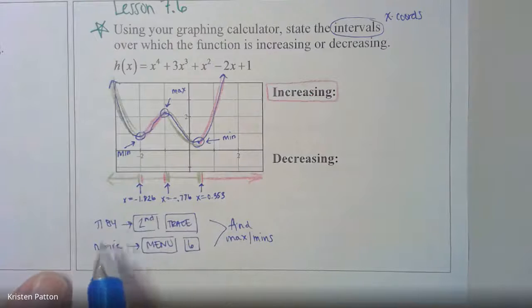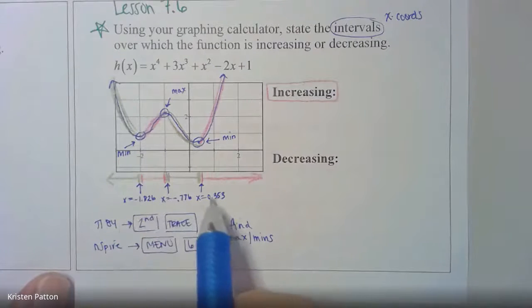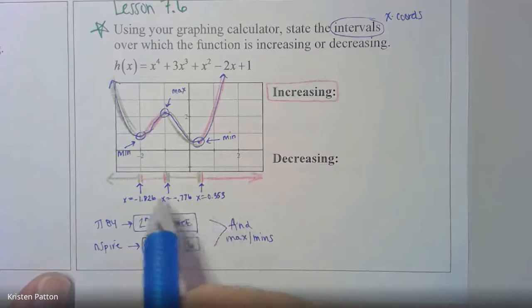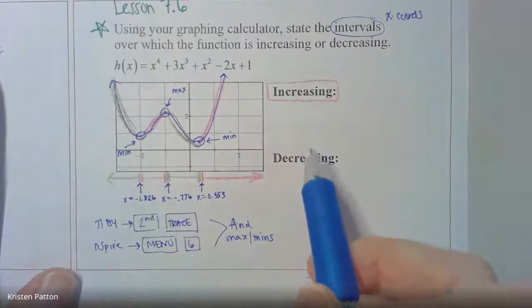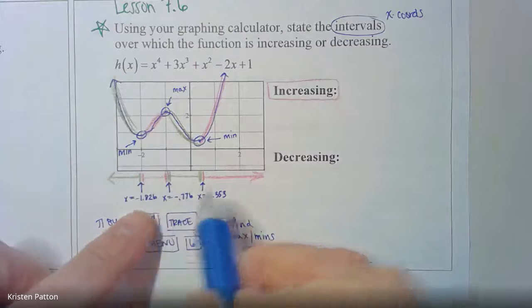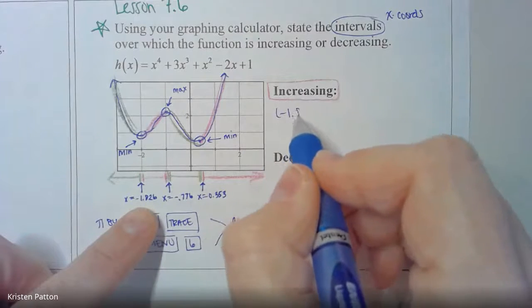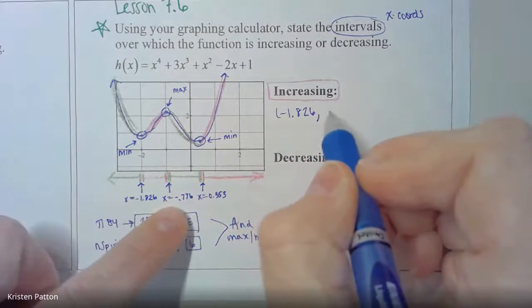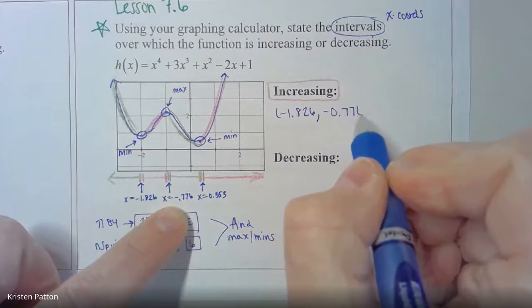So now that no matter what device you have at home, you can find your maxes and mins, we can go ahead and write our intervals. Remember, my increasing was pink. So I'm increasing from negative 1.826 until I get to negative 0.776.